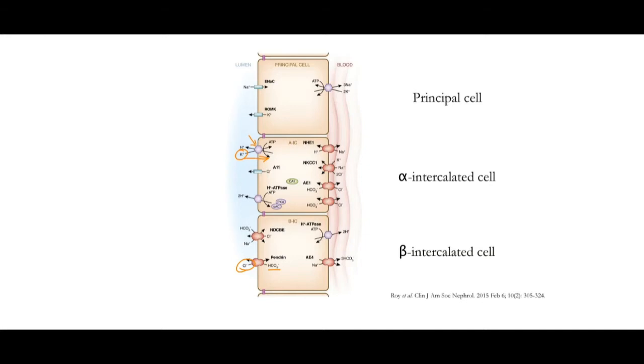Remember, our principal cell and our beta intercalated cell will reabsorb chloride, but the intercalated ones are really going to come up big in our acid-base content. So the principal cells do a lot of the work for our movement of ions. Your intercalated cells kind of aid in that, but also have a big role in acid and base concentrations that show up inside of the tubular fluid.